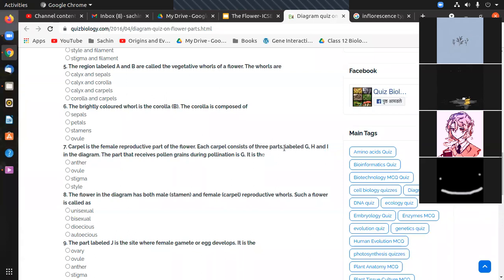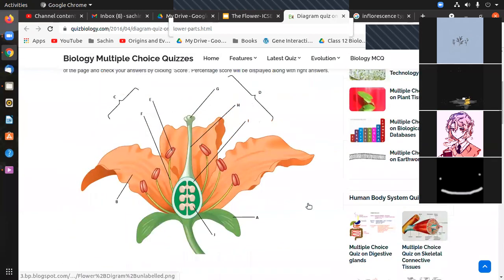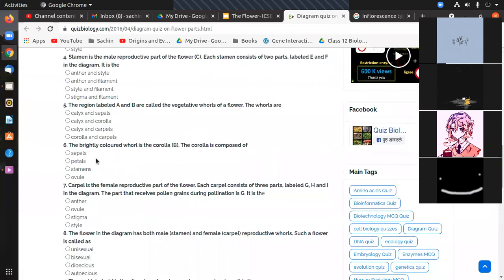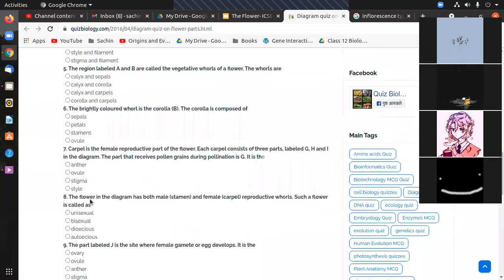Each carpel consists of parts called G, H, I, right? So the part that receives the pollen grain during pollination is G. Now what is the G? So that's the stigma, right? Correct. So the correct option there would be stigma is C, or the third option.